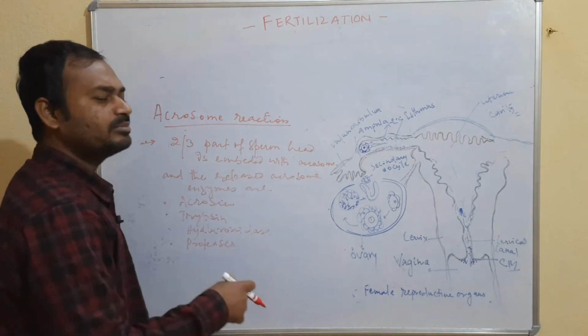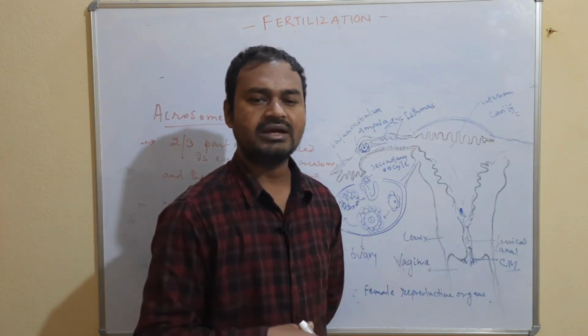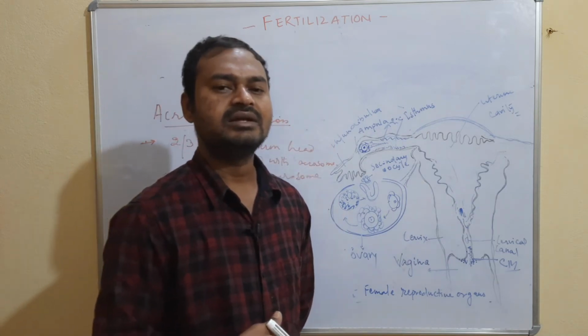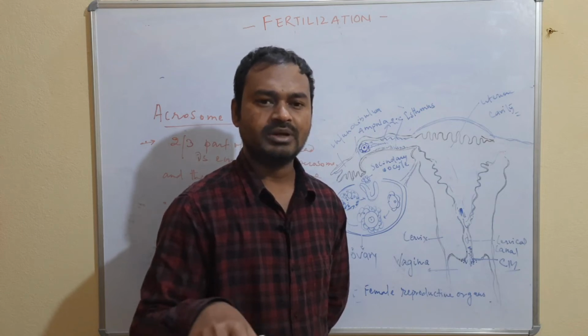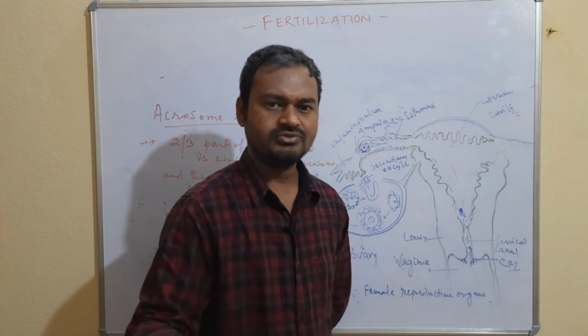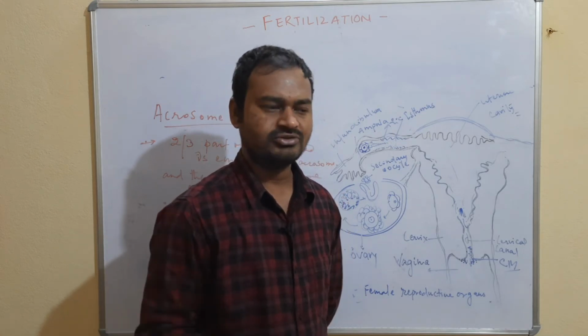These are the basic enzymes and protein-degrading enzymes which are exactly responsible for making the pathway through the cumulus oophorus, and it reaches the zona pellucida region.